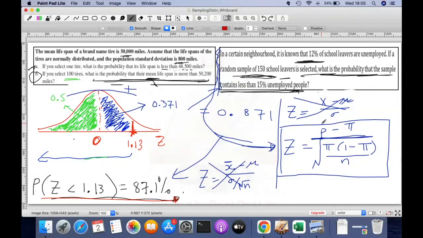I'm going to circle that in red. It's this thing here. To work out the standard error, you just need to work out the denominator.